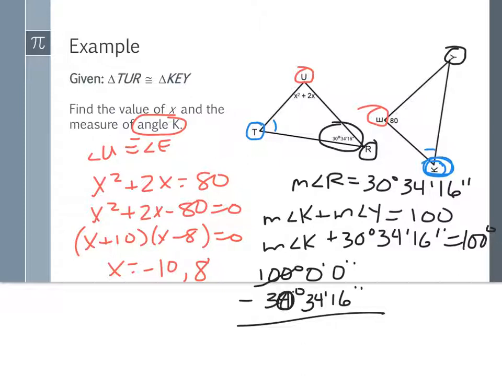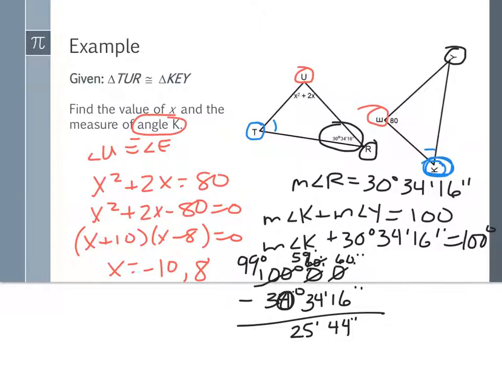We borrow a degree, which adds 60 minutes, and then we borrow a minute to give us 60 seconds, and now we can do our subtraction. 60 minus 16 is 44 seconds. 59 minus 34 is 25 minutes.